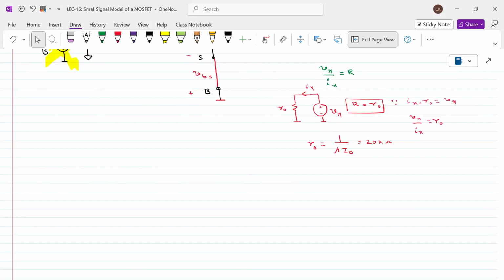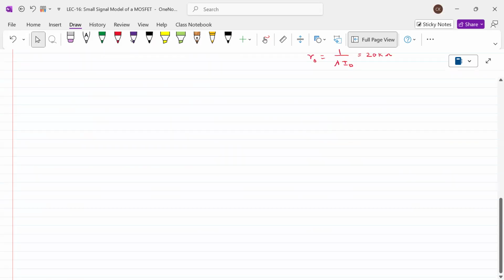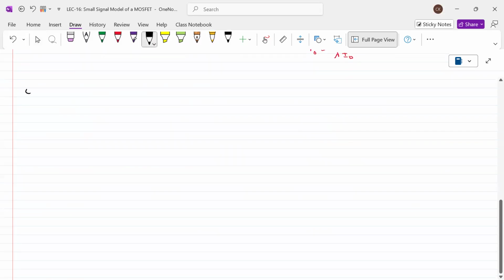Okay. Right. For example, number 2. We have a transistor something like this. I'm connecting the gate and drain like this, and I ask you to find the resistance looking from the drain potential.